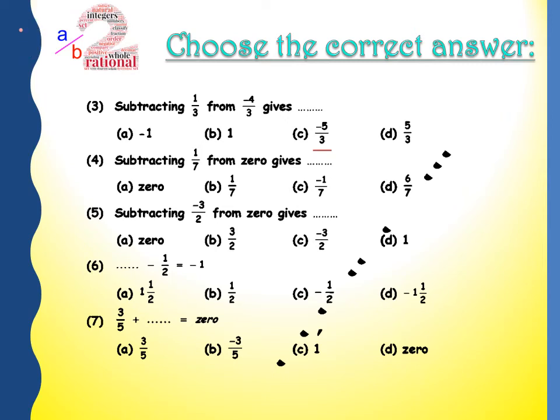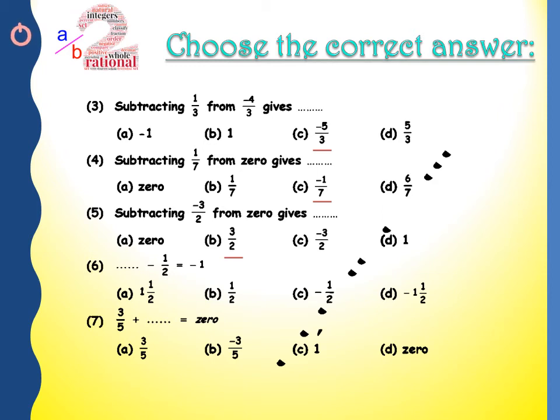Number 4, subtracting 7 from 0. That means 0 minus 7, which is negative 7. Subtracting negative 3 over 2 from 0 gives me 3 over 2.